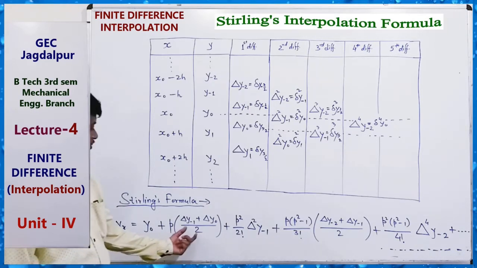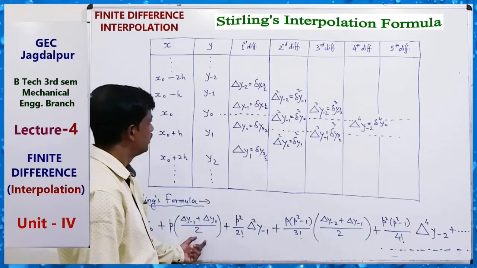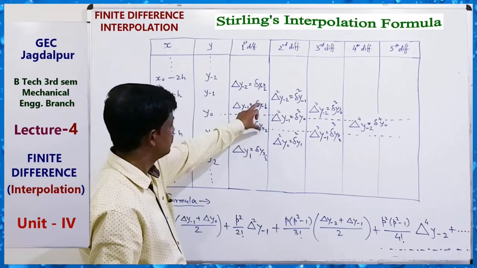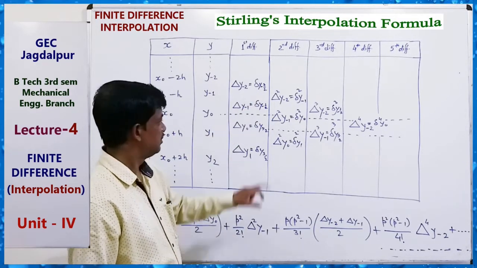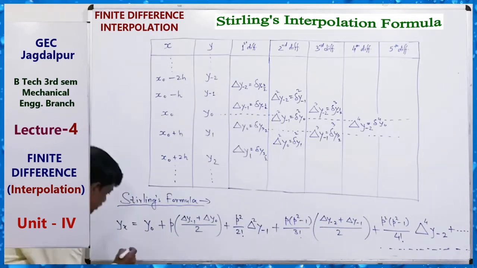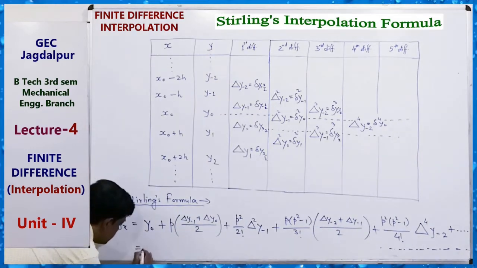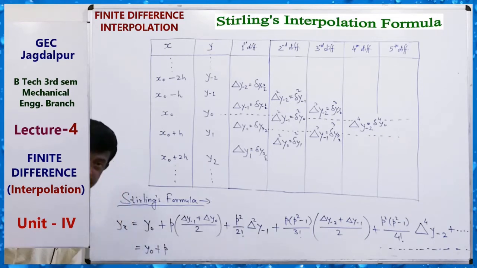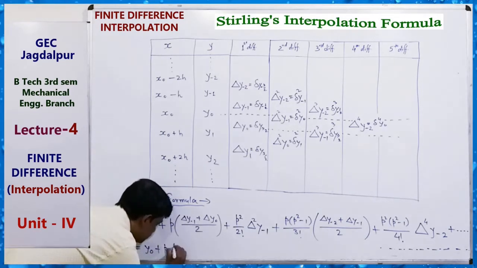This is the average of these two. That means if we write like this, y0 plus p, this is average. So average means mu delta y0.